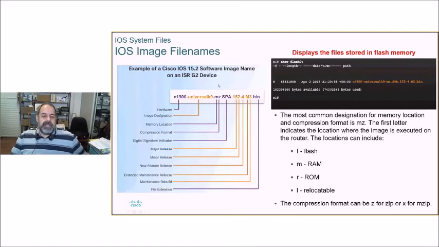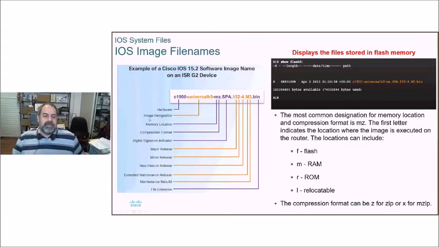Universal means it's one of those that has all of the feature sets built in. K7 or K9 means that it has encryption built into it as well. We've done SSH, and I think one of the labs told you that you need to have K7 or K9.